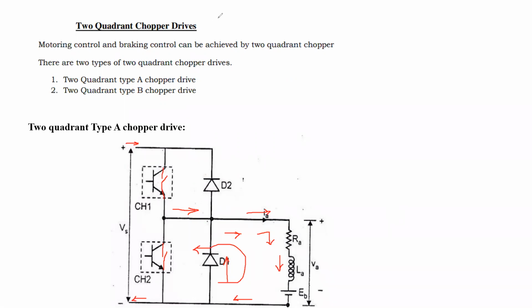Just wait, I will avoid the annotations and we will discuss the corresponding waveforms. It is also a chopper drive, and the basic thing you may remember is that you are getting the output voltage always DC, and there are only small changes in currents. That may be a continuous current or discontinuous current.